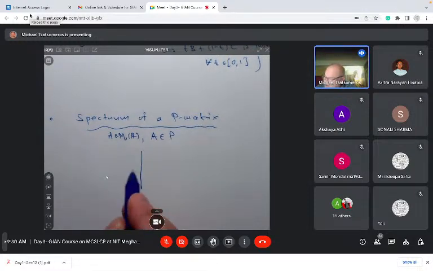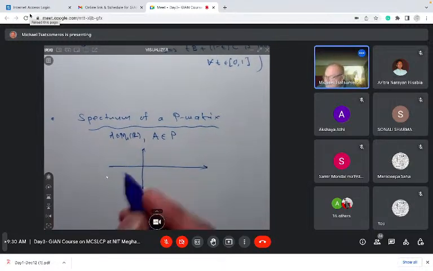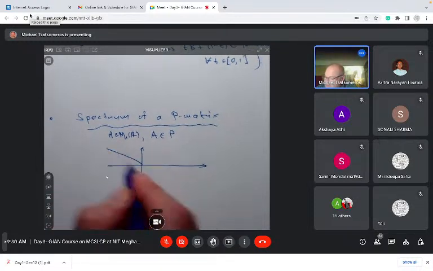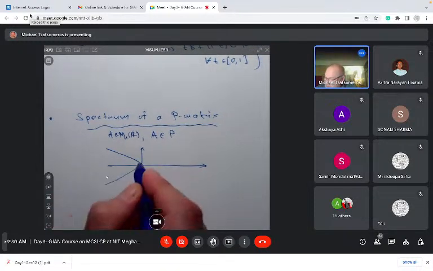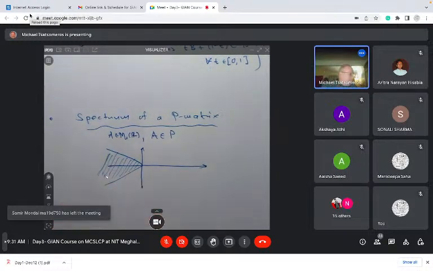here's what I'm going to do. I'm going to draw the complex plane here, and I'm going to draw a sector on the left, which I'll shade. Okay. All right.